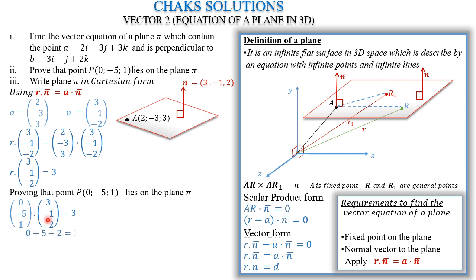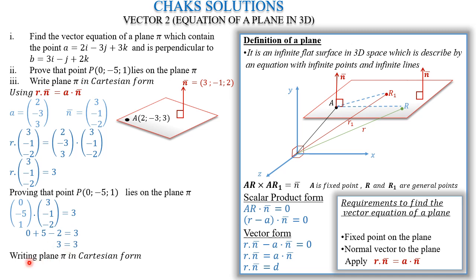Then we perform the dot product. So we have 0 by 3 is 0, then -5 by -1, which is 5, then 1 by -2, which is -2. Then we simplify and we have 3 equals 3. You can see the left hand side is equal to the right hand side, which means the point (0, -5, 1) lies on the plane.